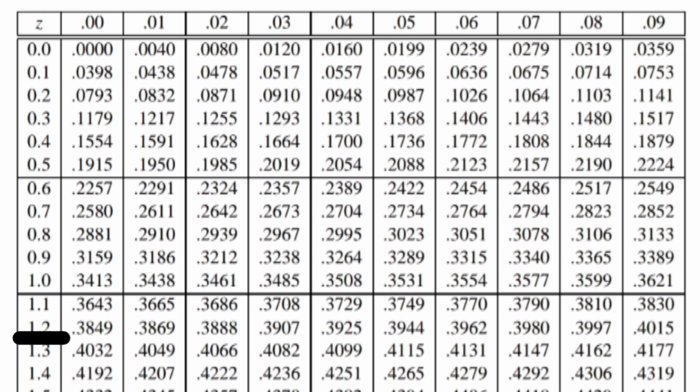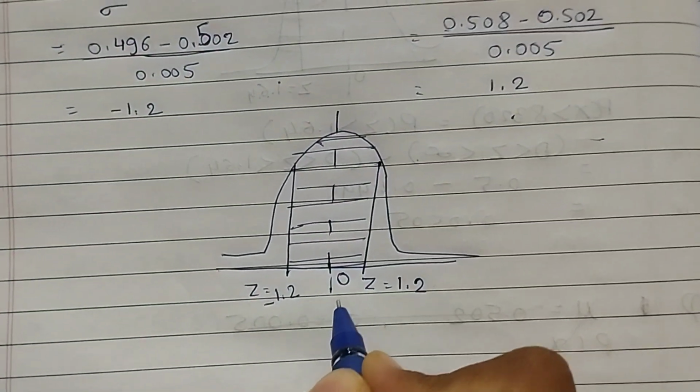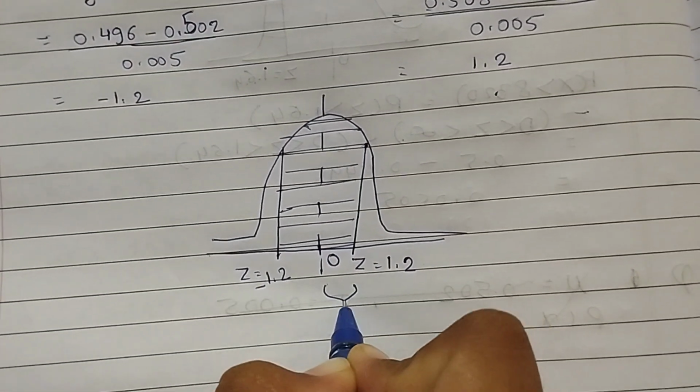So to find the area for 1.2, we refer to the row of 1.2 and the column of 0.00, because after the 2 no value is written, meaning 0.00. So the area from 0 to 1.2 is 0.3849. We can see it here.